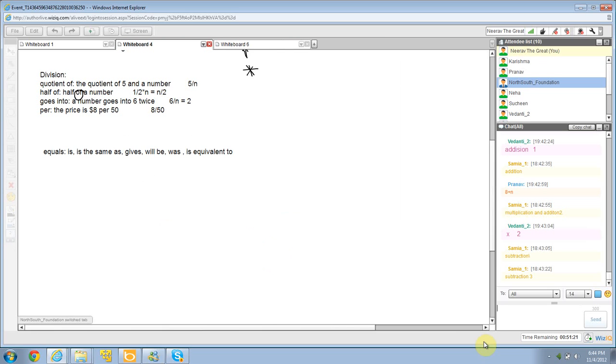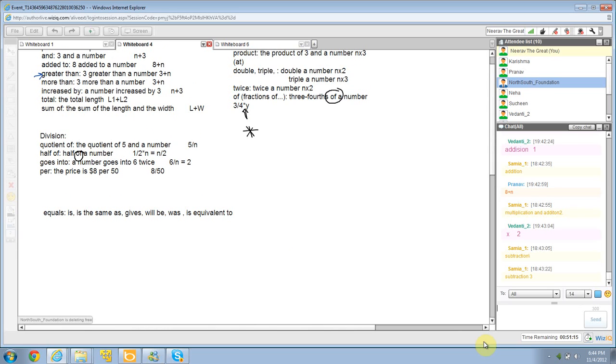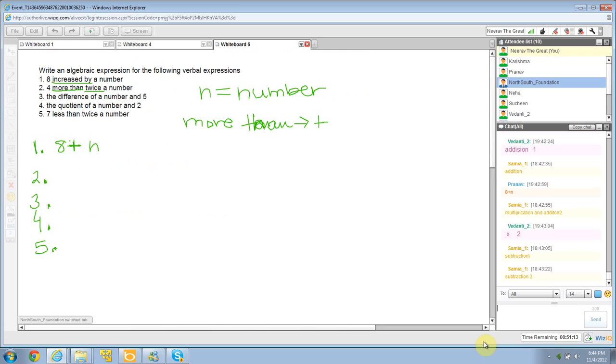Okay, here we go. See this twice one right here. Basically it's saying 4 more, so that's the 4 plus, twice the number, 2 times n. So why don't you guys keep looking?